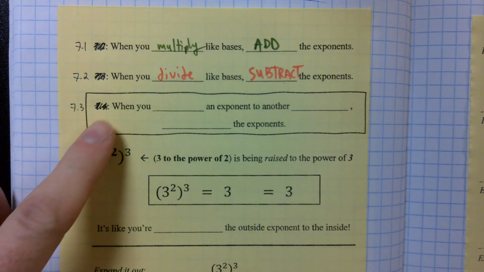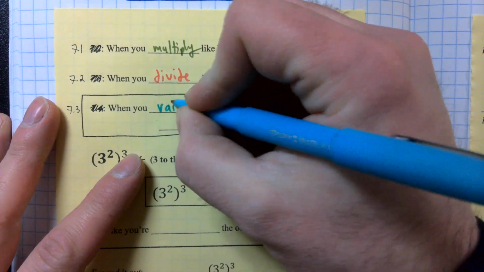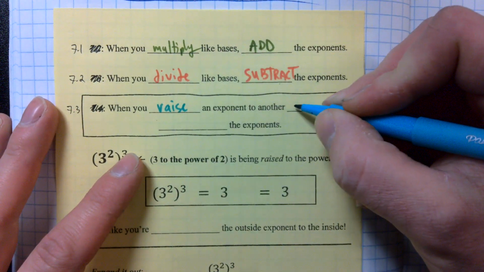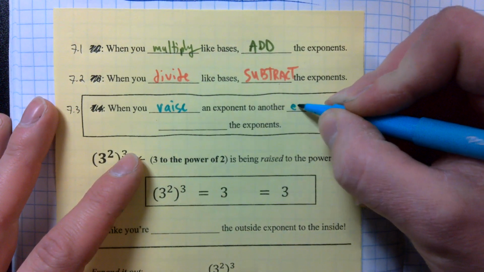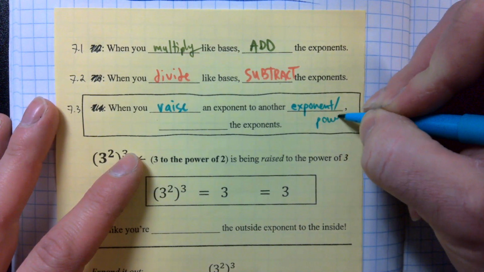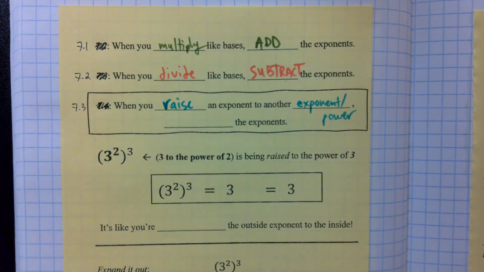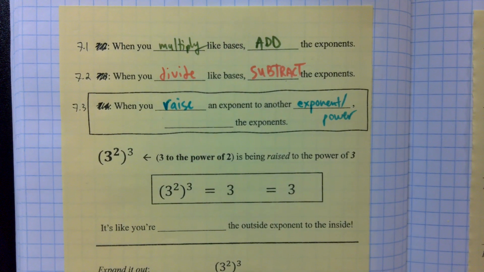Thank you, everybody, for saying power rule. And what the power rule says is when you raise an exponent to another exponent or power, and we'll see what that looks like in a second.